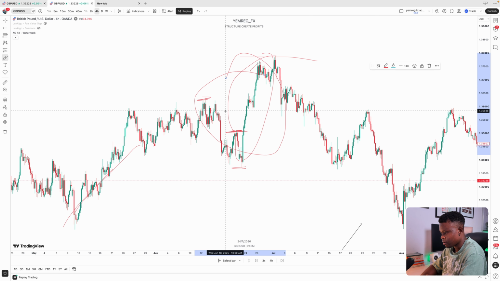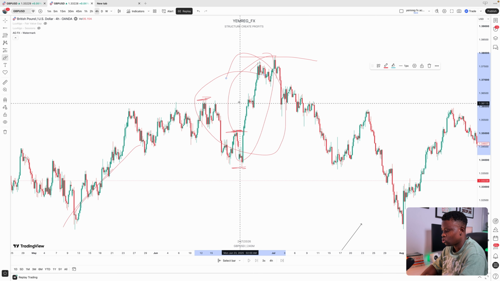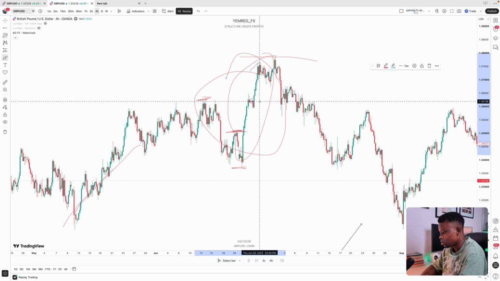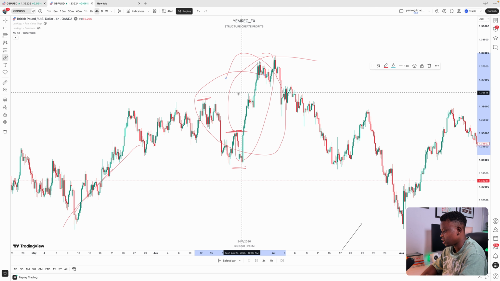If I focus on this part of the chart, what I just did is to show you guys how structure moves, the nature of market structure being fractal. When you are looking out for setups, you need to focus on the most recent part of the market so that you can see opportunities in the market.